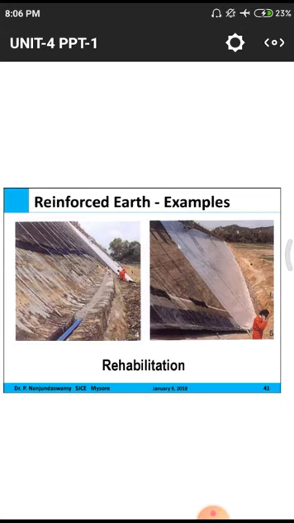Rehabilitation means major cracks, and those parts we need to remove and go for reconstruction in smaller cases. If the structure has a huge amount of breakage, we need to remove the structure and go for a good structure. That totally depends upon the serviceability conditions of the structure and the usage pattern.